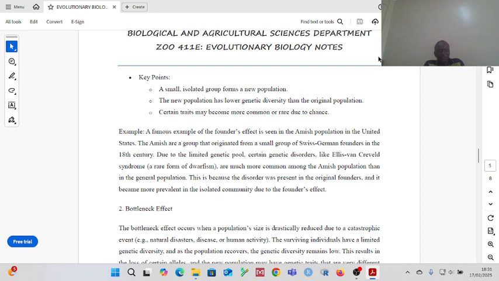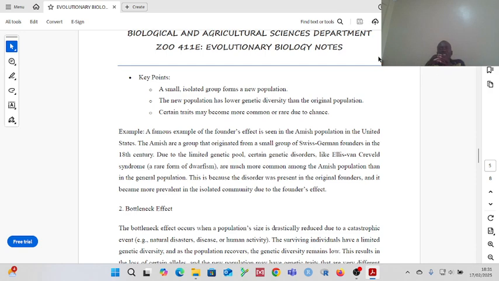So with founder's effect, you have a population that is isolating itself from a parental population. As it isolates itself, as it moves away, it carries just a tiny amount of diversity, a tiny amount of traits from the original population.